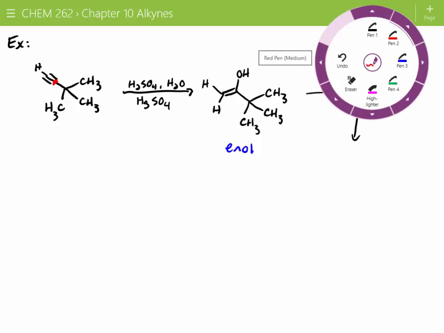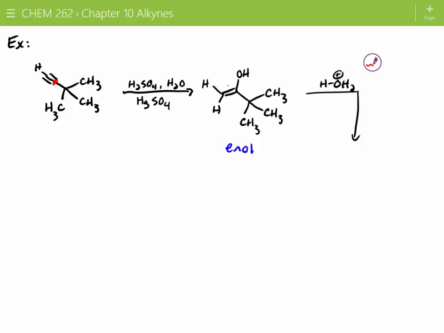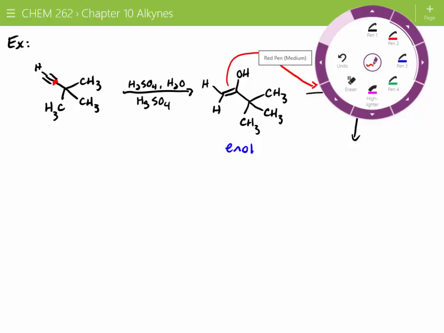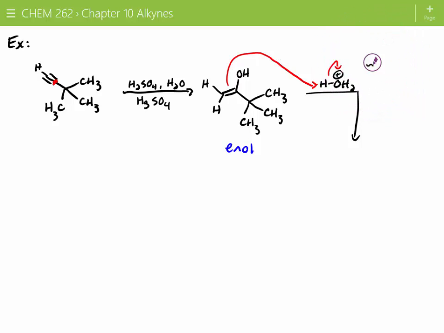It's assumed that we have more acid around. So this double bond will attack our acid. When we do that, we've now got 3 hydrogens attached to that one carbon. Our alcohol is right there.